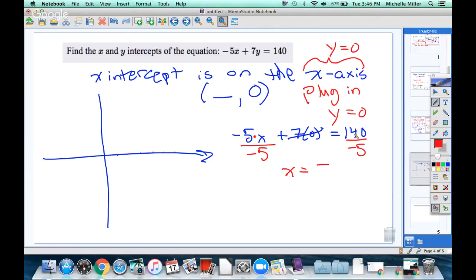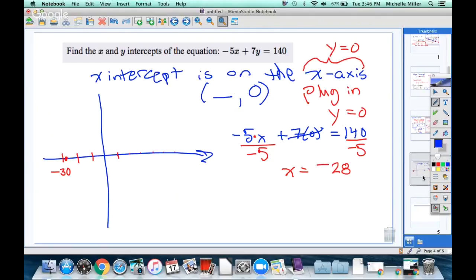It goes into 14 twice with 4 left over, and it goes into 40 eight times. So x is -28. If I were graphing this, and let's say I was jumping by 10, 20, 30, then I just found my x-intercept is about right there.